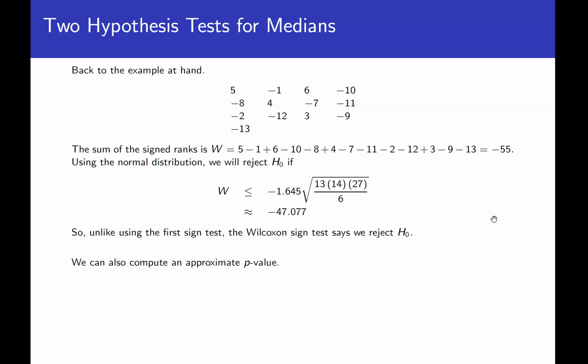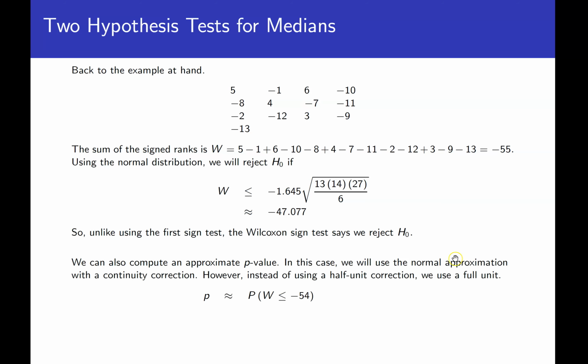All right, let's talk about the p-value here real quick. I mentioned in that previous slide that each of the widths of our rectangles are 2 rather than 1. So when we do a p-value, we have to use a continuity correction of a full unit rather than a half unit, because those rectangles are straddling a whole unit on either side. So instead of using a half unit correction like we talked about before, we're going to use a full unit.